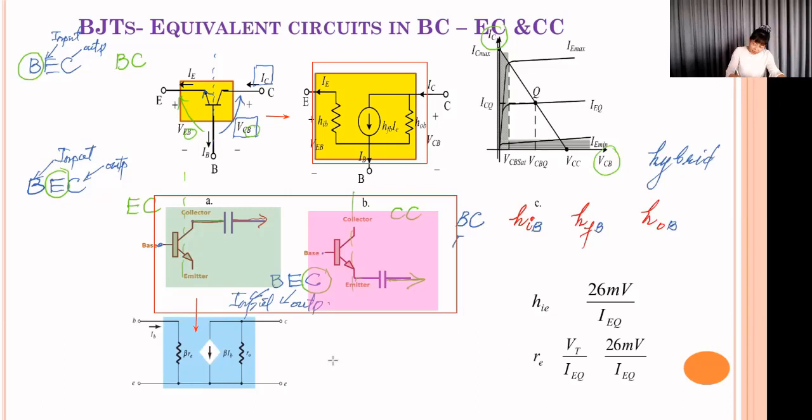This is common E and common C. You can have hIE, only E. hFE, for common E, and hOE. Wow, very easy, right? To learn by heart.